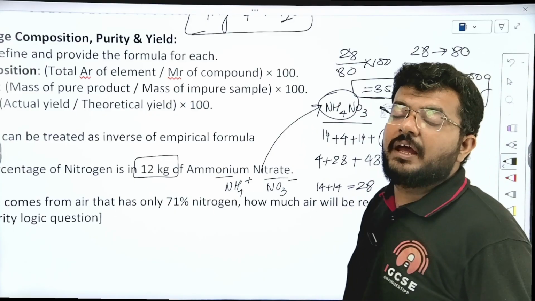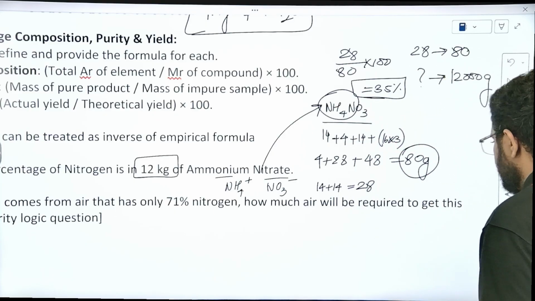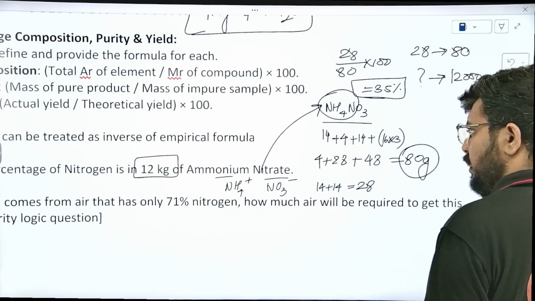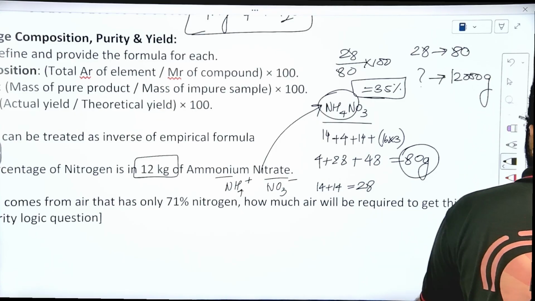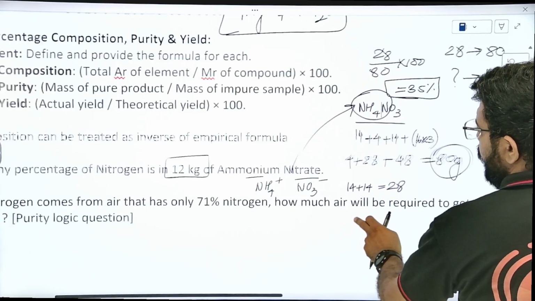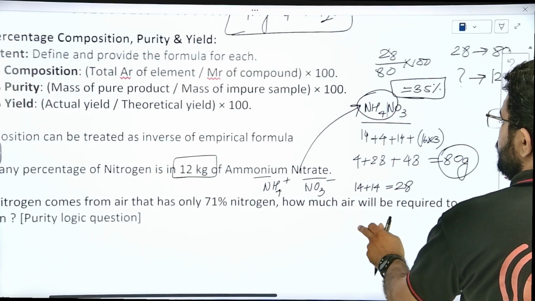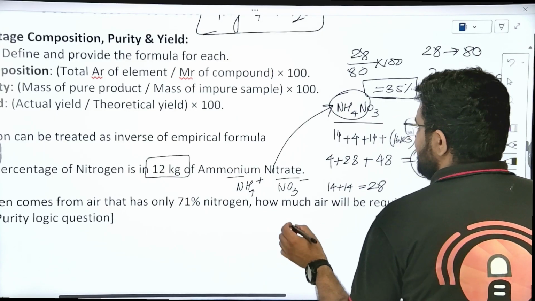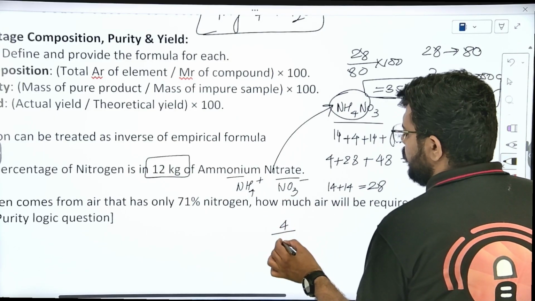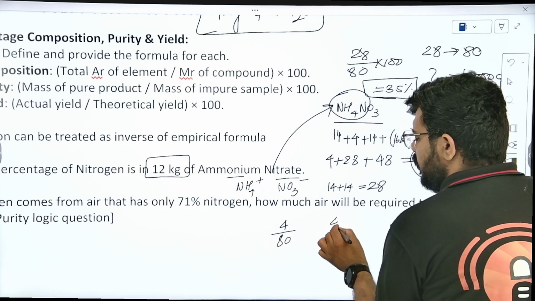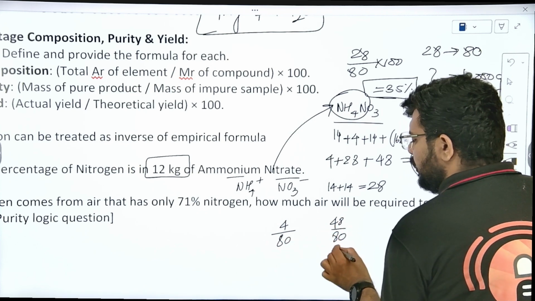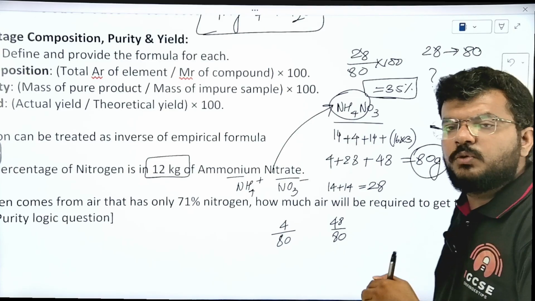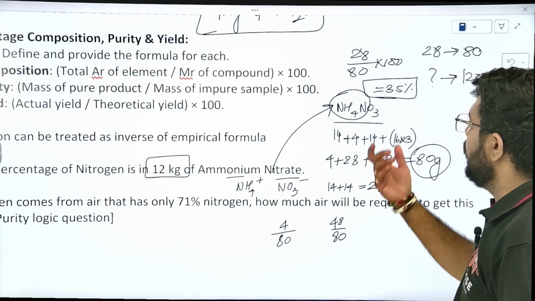The compound has nitrogen. Now, what is purity? If you understood percentage composition, I'll just extend this: can I say the percentage of hydrogen is 4 upon 80? The percentage of oxygen is 48 upon 80. All of these percentages are going to add up to 100%.